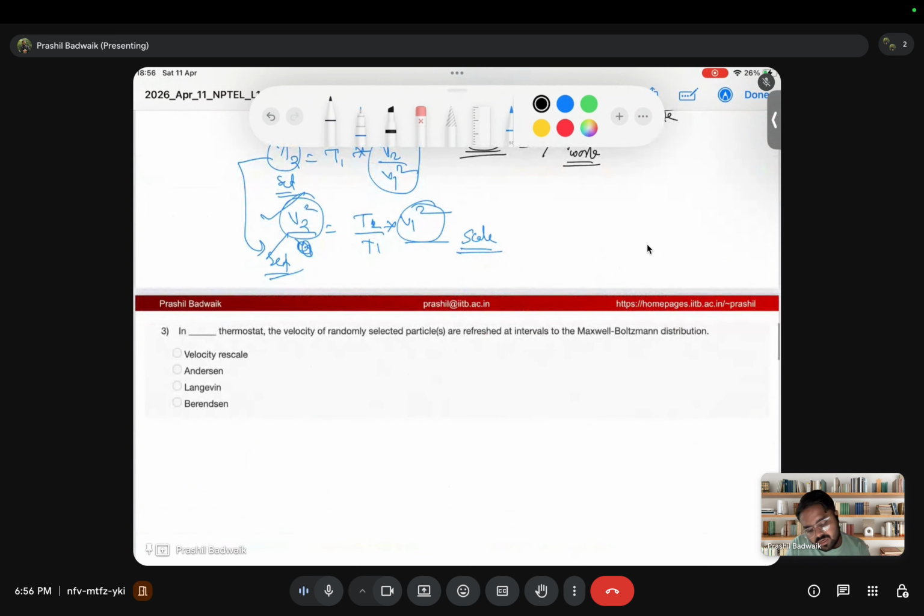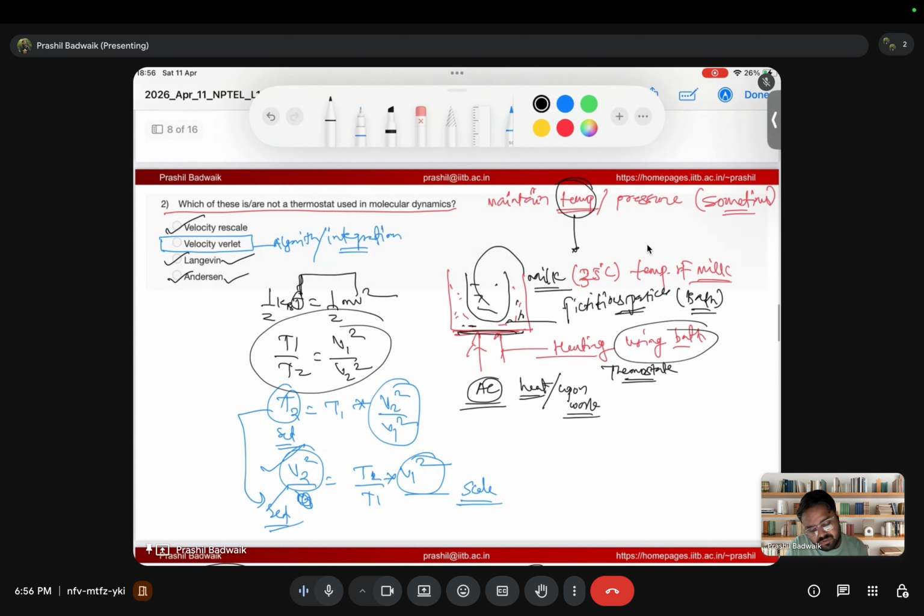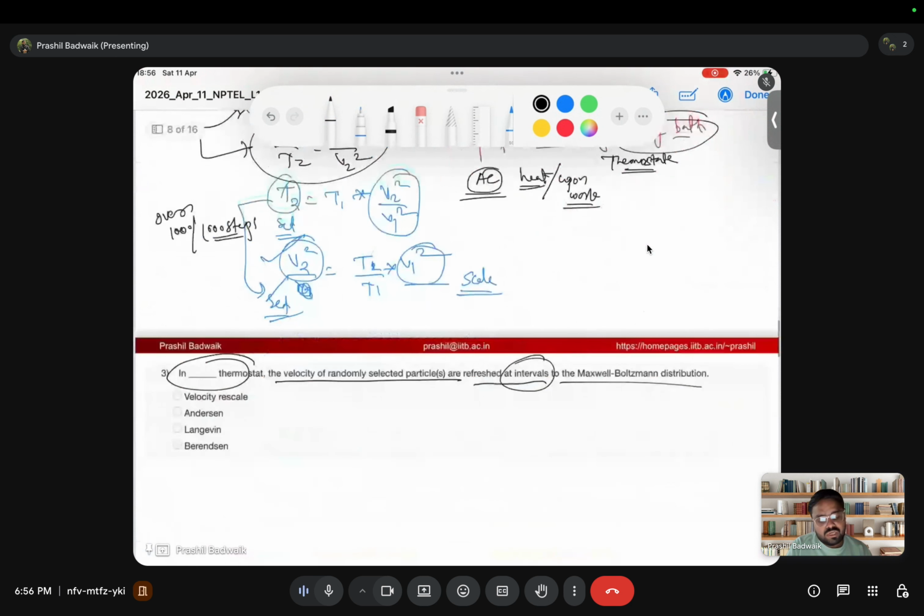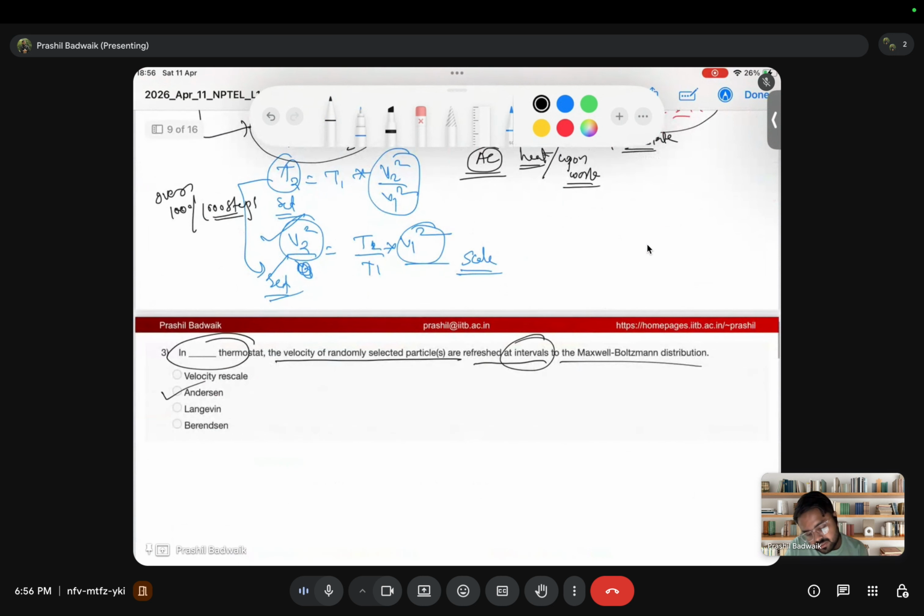In the Anderson thermostat, we randomly select the particles and change their velocities to match the Maxwell Boltzmann distribution at some interval. We are not doing this alteration in each step. We do this adjustment over 100 steps or 1000 steps that we have to give as an input. So we adjust slowly, and that is the Anderson thermostat.